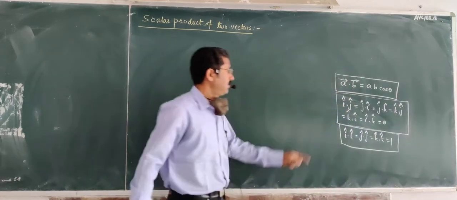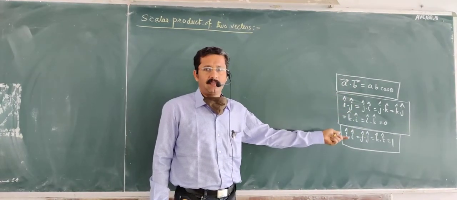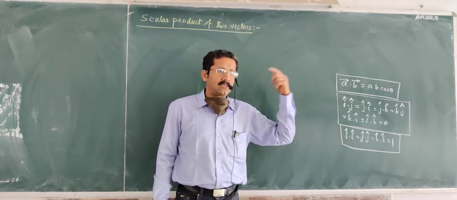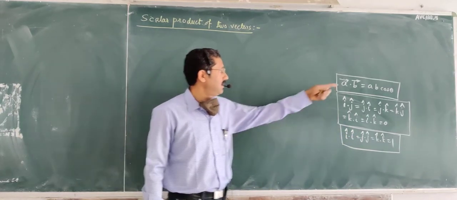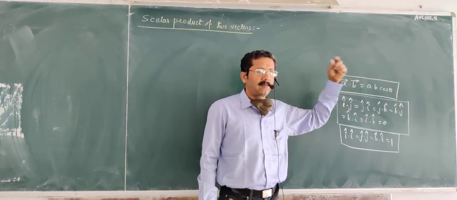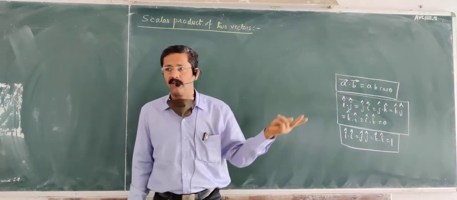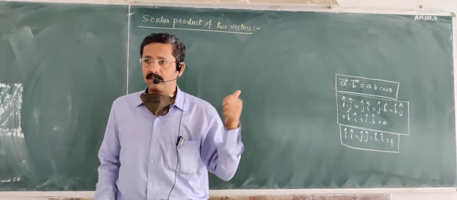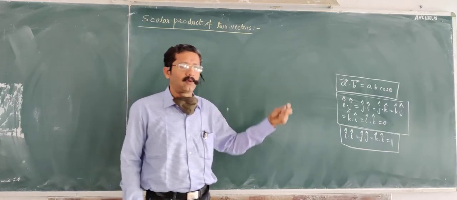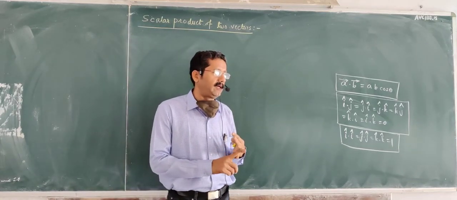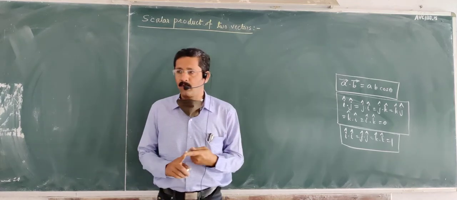The reason I am repeating this is that the vectors may not be given with magnitudes and the angle between them known. If the vectors are given in the ijk format, how do we find their dot product?